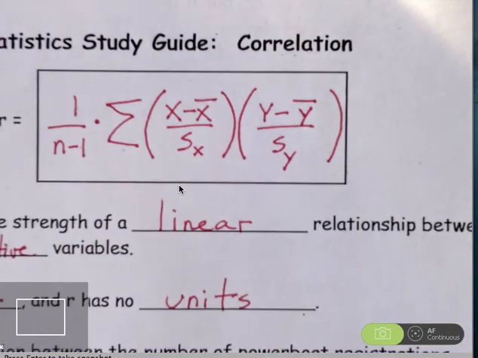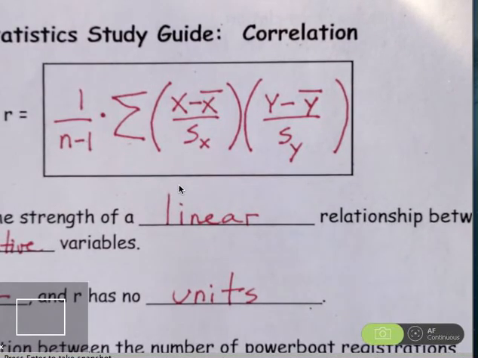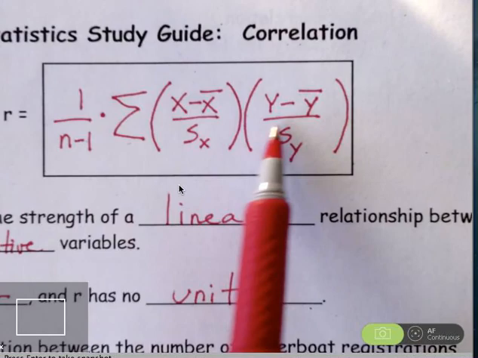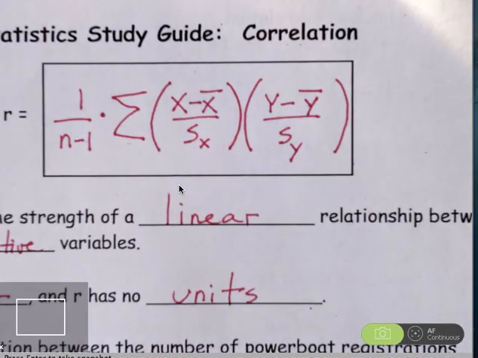You can multiply in any order you like, so it really doesn't matter for calculating the correlation which is the explanatory variable and which is the response. It matters certainly when we're describing the relationship or thinking about the scatter plot, but strictly for this calculation, it doesn't matter.